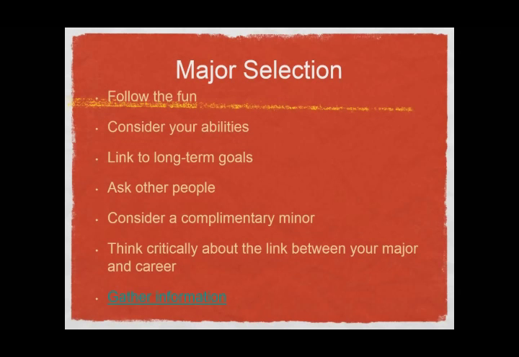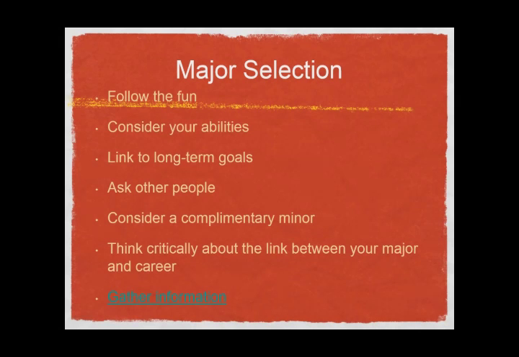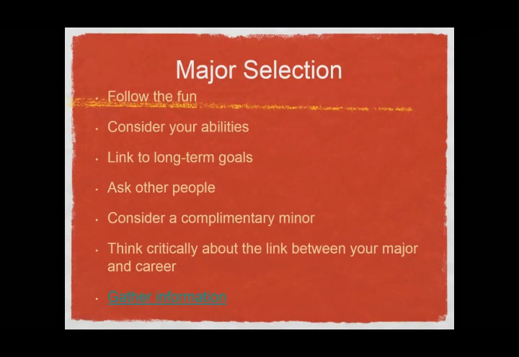Something else that students can do when considering a major is consider adding a complementary minor. So you can add flexibility to your academic program by choosing a minor that complements or contrasts with your major.